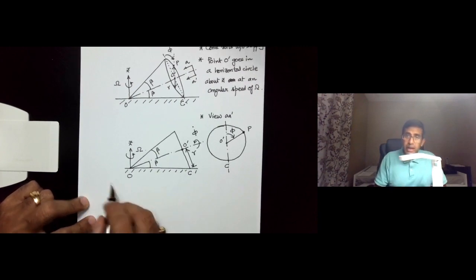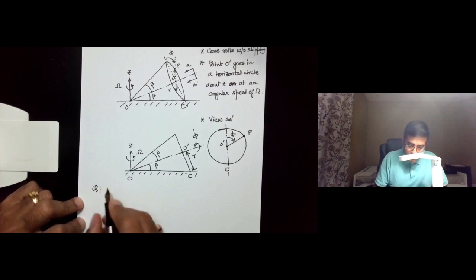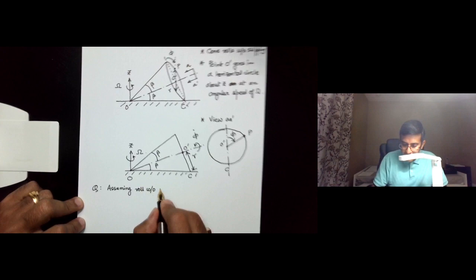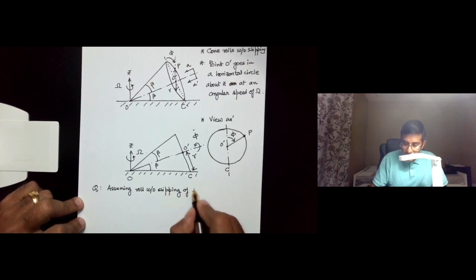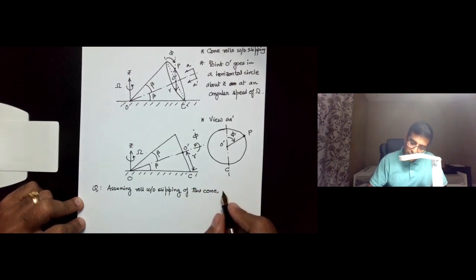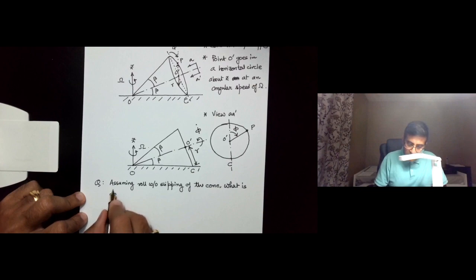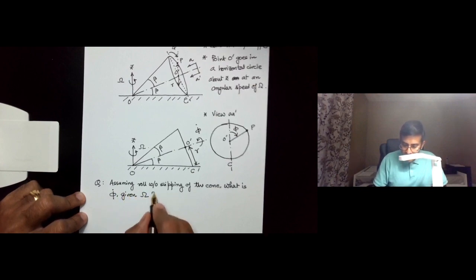Now the question that we ask is the following: assuming roll without slipping of the cone, what is phi dot given omega?